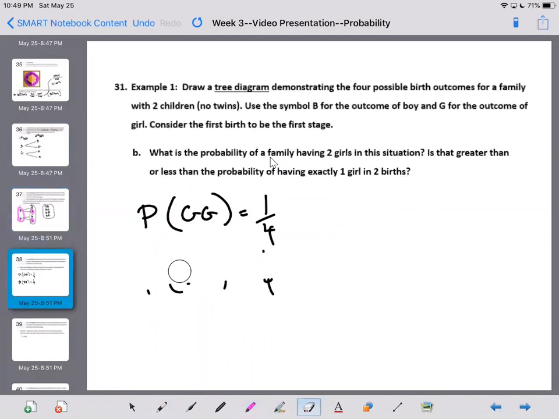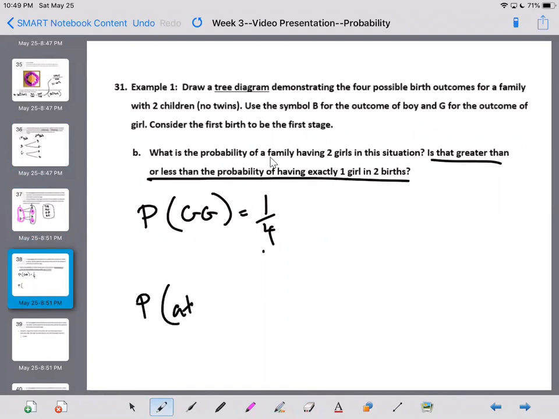So to answer that second question, is it greater than or less than the probability of having one girl? Well, the probability of having girl, girl is going to be less than the probability of having exactly one girl. That would be 2 out of 4 or 1/2.